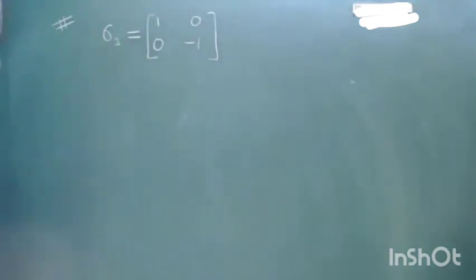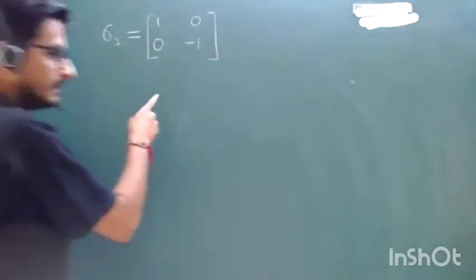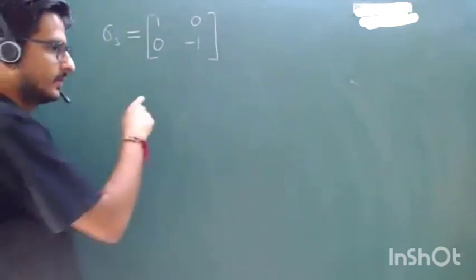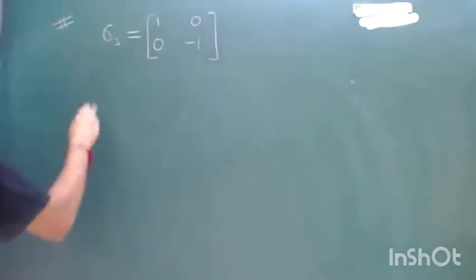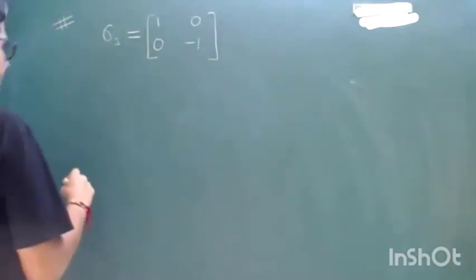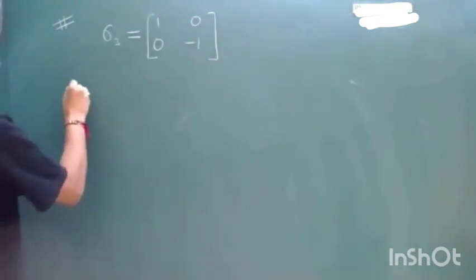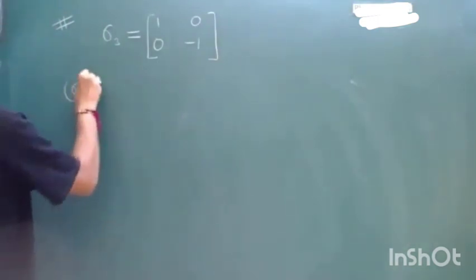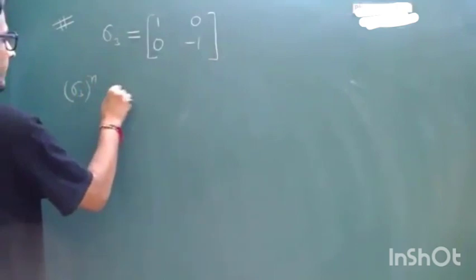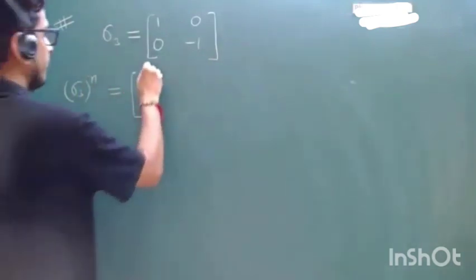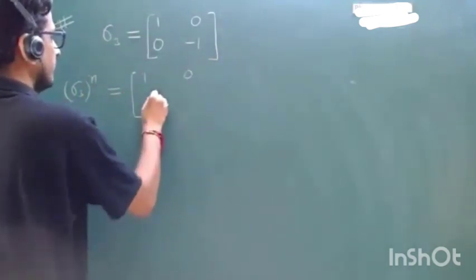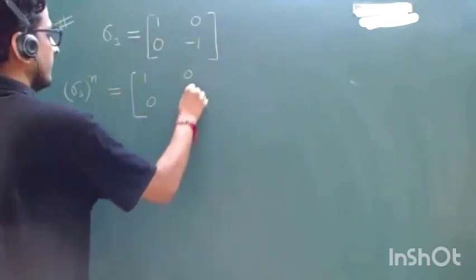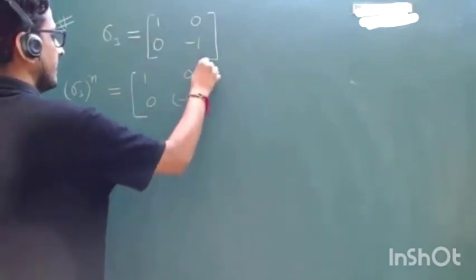So I have already told you that, this is just to make you understand, because all of the functions of this diagonal matrix are very easy. For example, if I want to write sigma 3 to the power n, what will it become? It will become 1 0, 0 minus 1 to the power n.